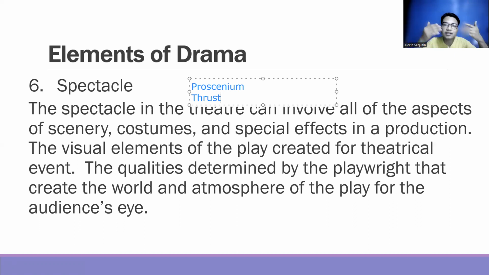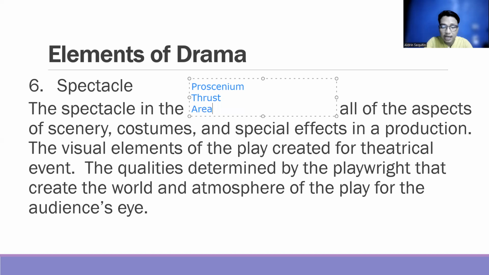Okay, the only thing that we cannot see is the backstage because there's a wall, okay, on the back part of the stage. So that is a truss stage. So para siyang yung mga stage ng court. Yan, ganyan. Ganun po yung itsura ng truss stage. And then yung third is arena theater.